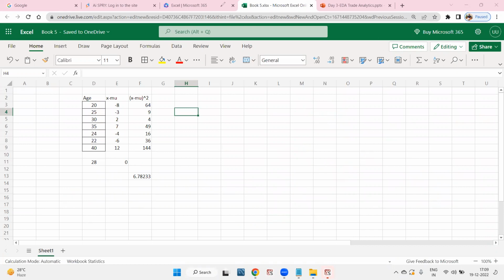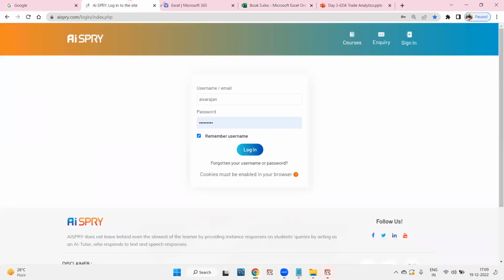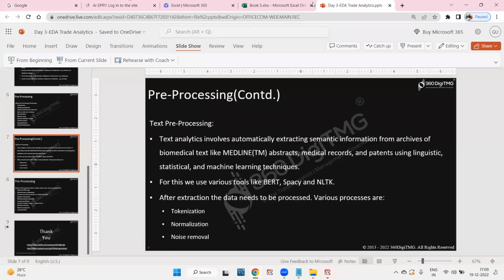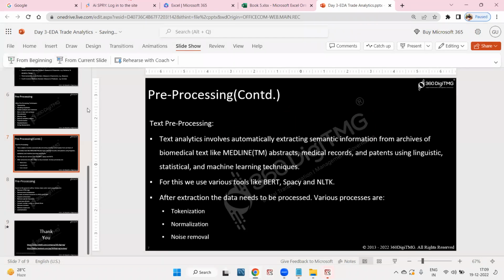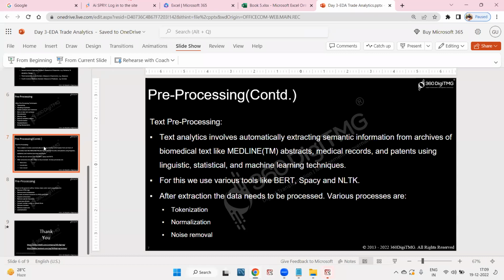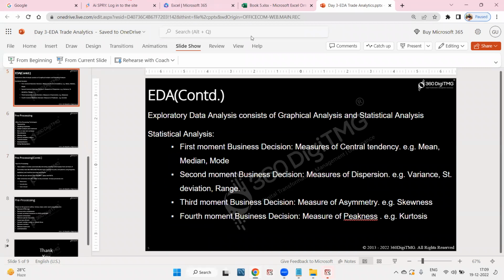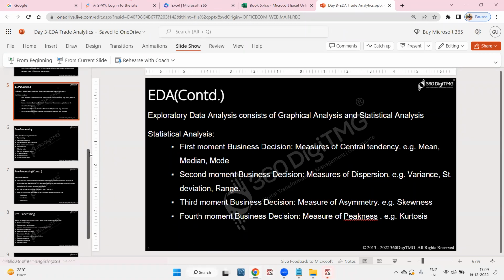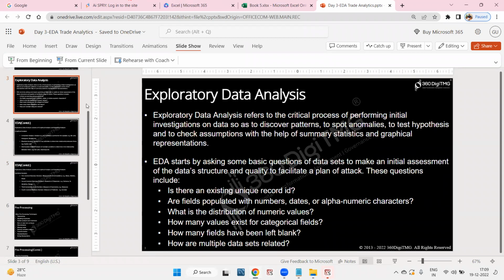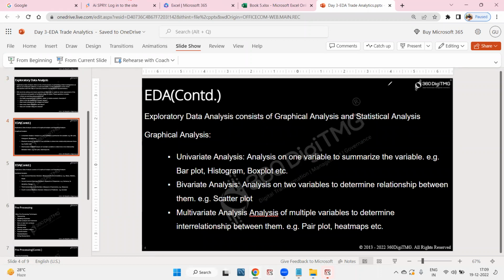So let me show you the slide. Okay, so here we discussed kurtosis.